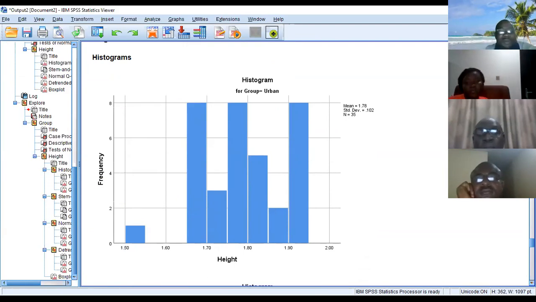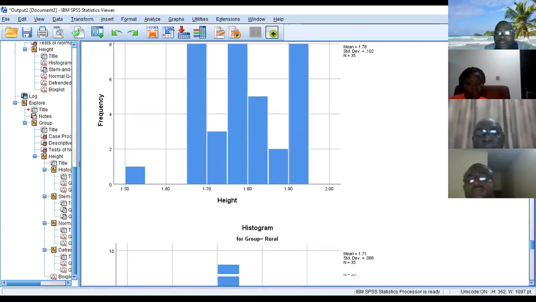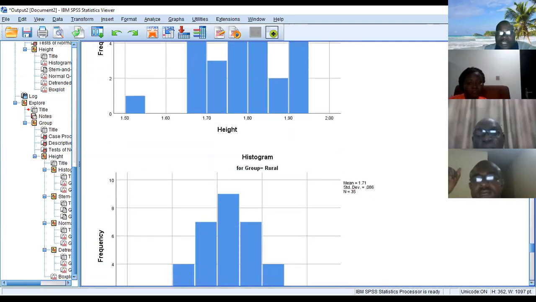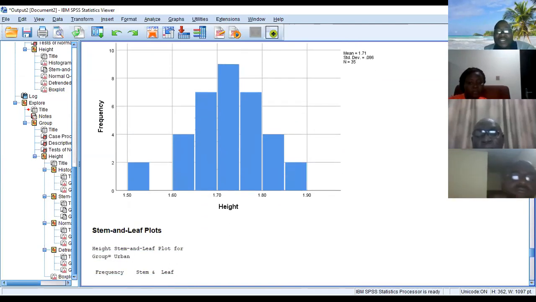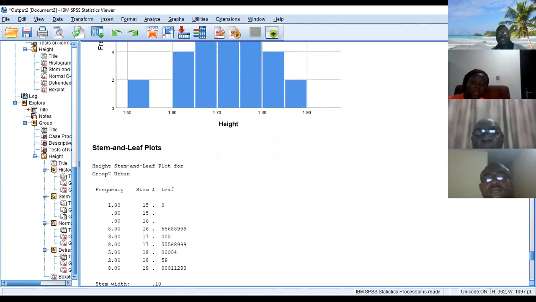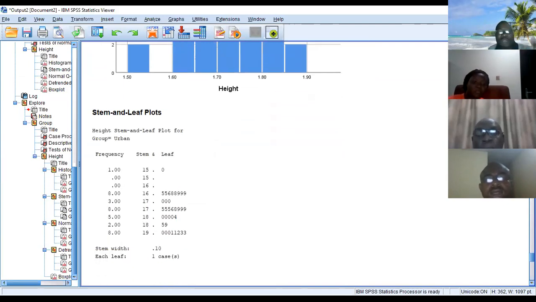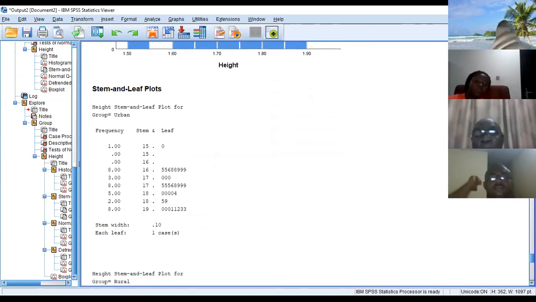Even though it is normally distributed, it will not appear to be normally distributed because the sample size is very small. Can you see height for rural? Can you see it is almost perfectly normally distributed? And you see it even from the statistic also. That one is not significant.